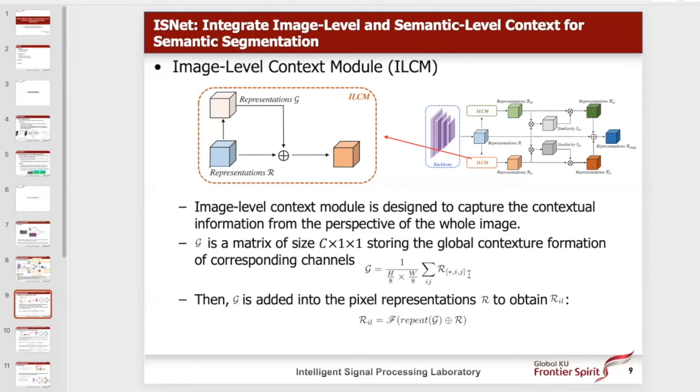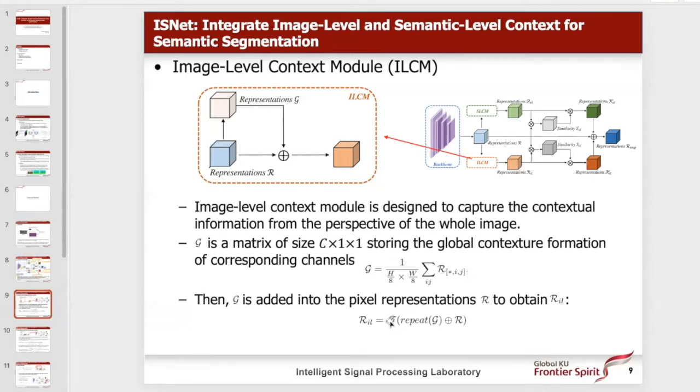We already know that R has C channels, and now G is the channel-wise mean values of representation R. So G has a set of C, plus 1. It's a mean value for each channel. Yeah, exactly. And so you get that G that then multiplies to, or you concatenate with R. Is that what it is? Or add it into each of the pixels?